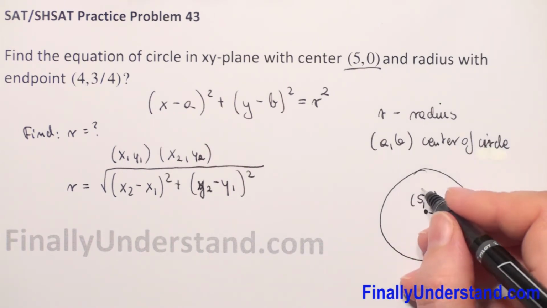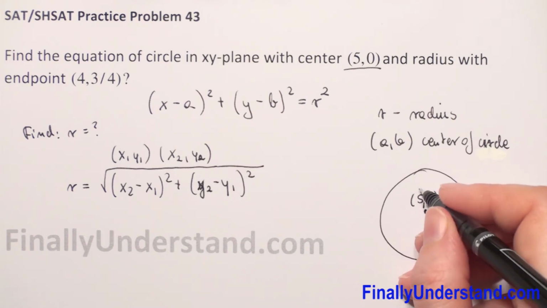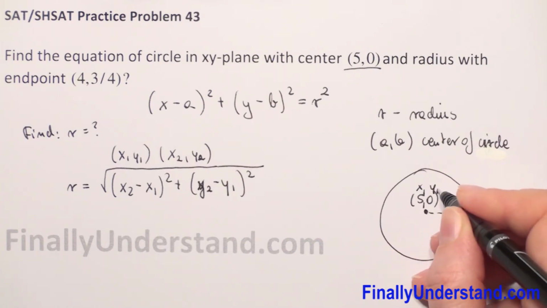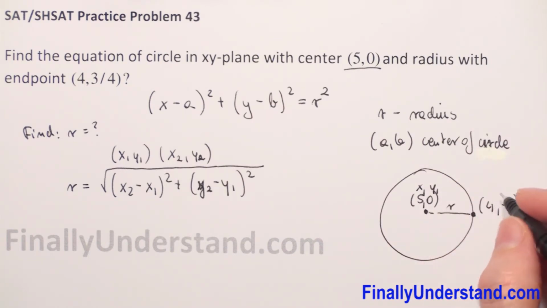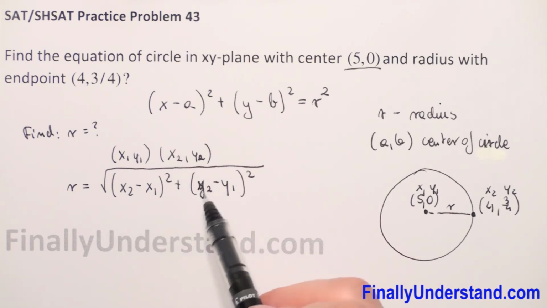In our example, the first point has coordinates (5, 0), so this is our x1, y1, and the second point has coordinates x2, y2. The first coordinate is 4 and the second is 3/4. So now we just have to substitute into our equation.